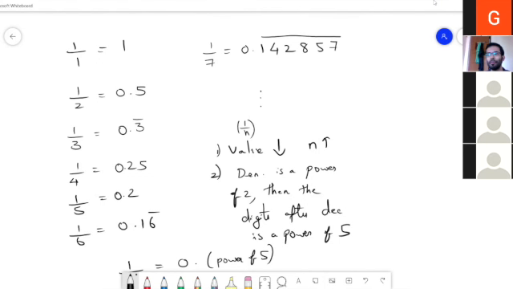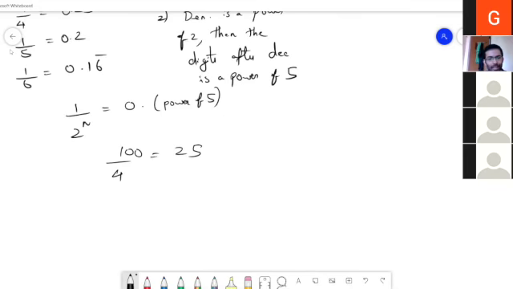Or we can say 1 upon 2 to the power n equals 5 to the power n upon 10 to the power n. So Vaishya ma'am, what were you saying? Can you say it? I'll just write it down. Sir, 1 upon 2 to the power n is equal to 5 to the power n divided by 10 to the power n. Wow. Correct. Nailed it.